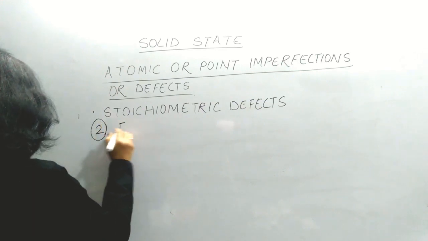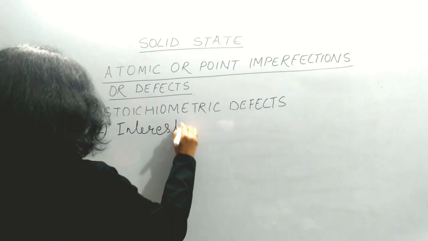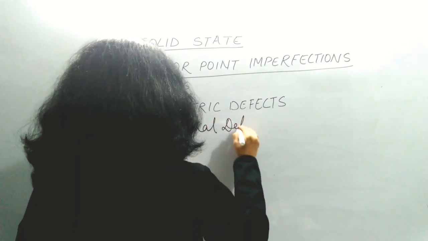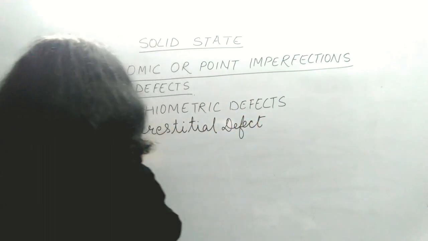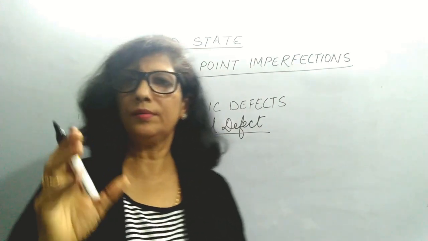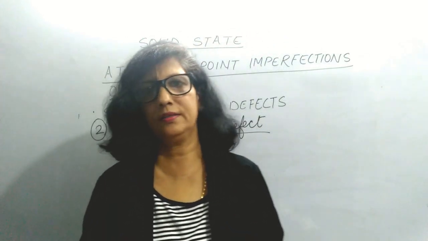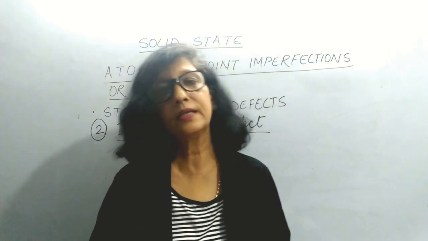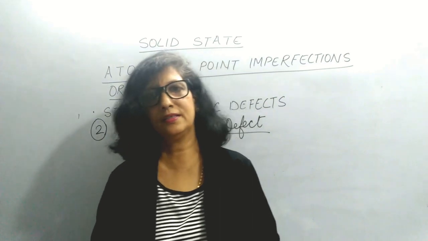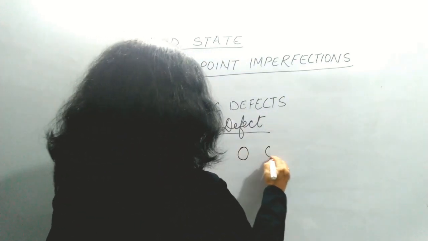Interstitial defect arises when some of the constituent particles in a particular solid occupy interstitial sites. This defect is created. We can see here diagrammatic representation.